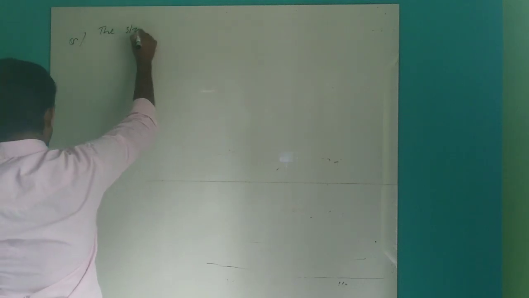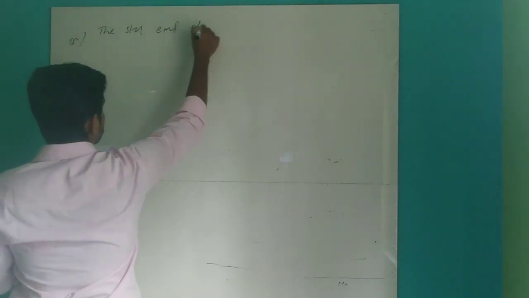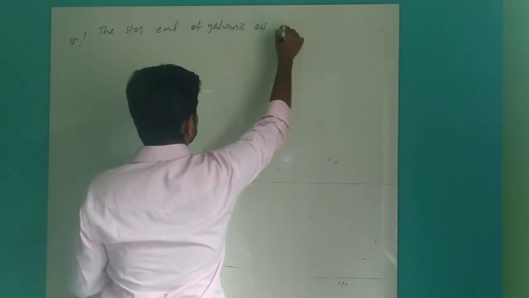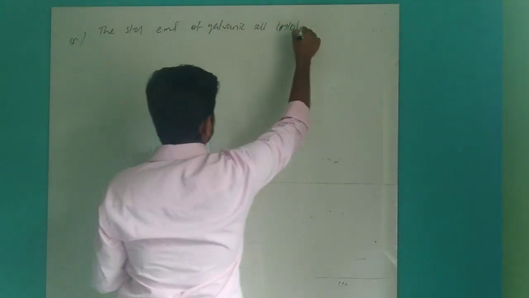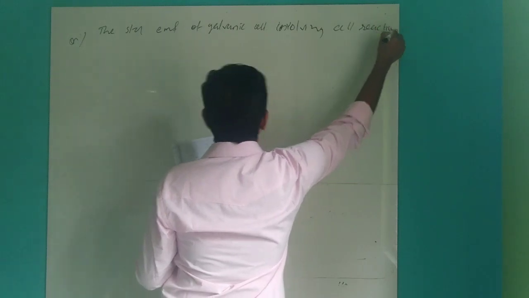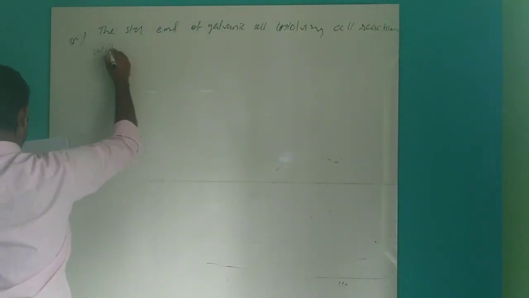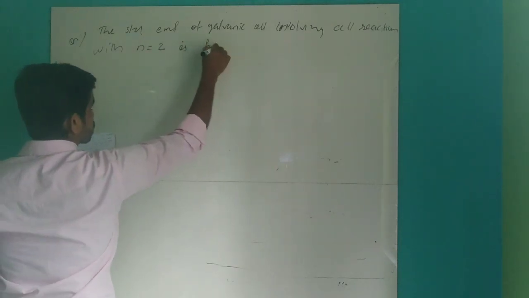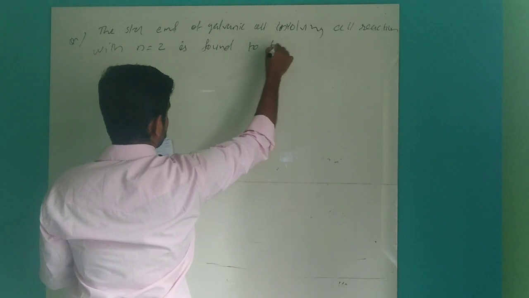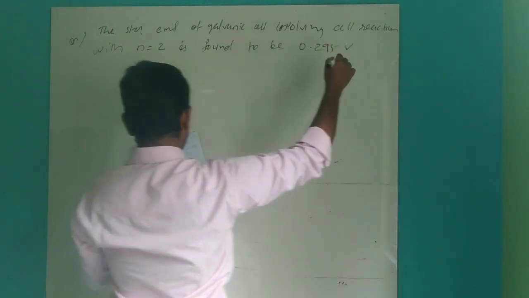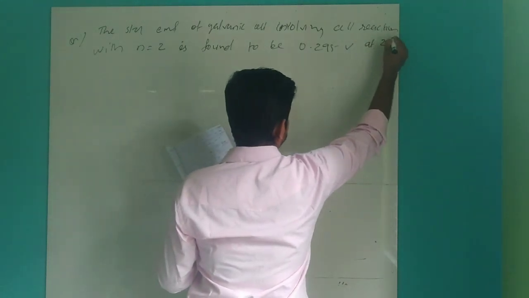So the question is: the standard EMF of a galvanic cell involving cell reaction with n is equal to 2 is found to be 0.295 volts at 25 degrees Celsius.